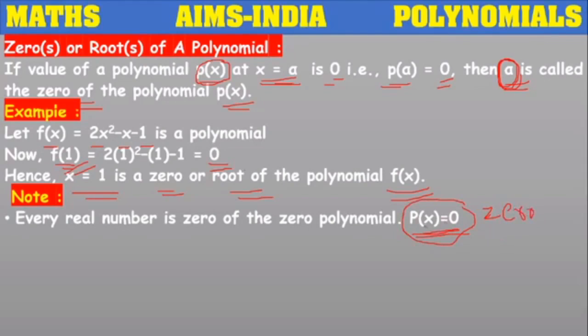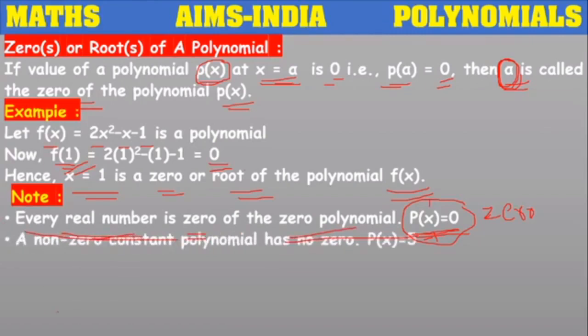So in the place of x, we can keep any real number. We can keep 1, we can keep minus 1. Like that, we can keep any real number. For any kind of real number, the value will always be 0. So for 0 polynomial, every real number will be a 0. Next.